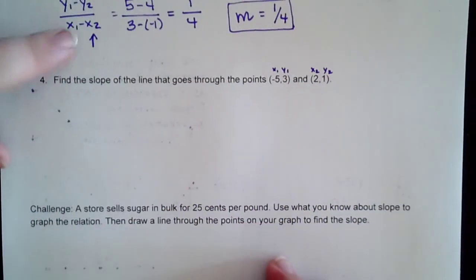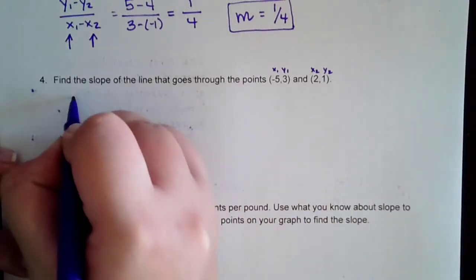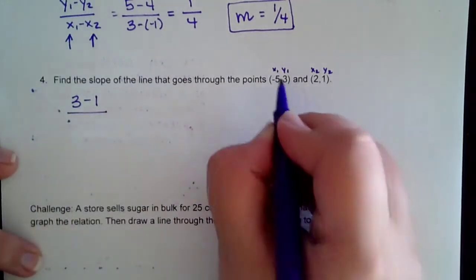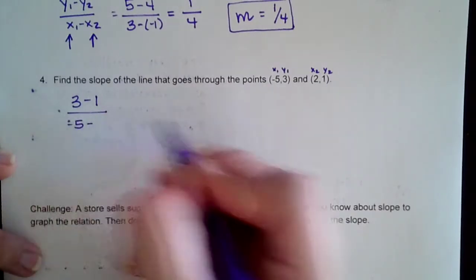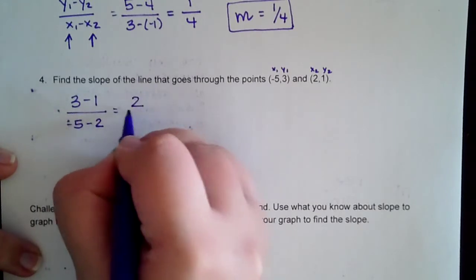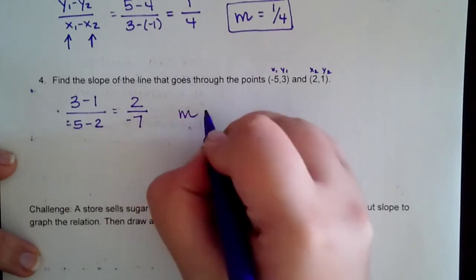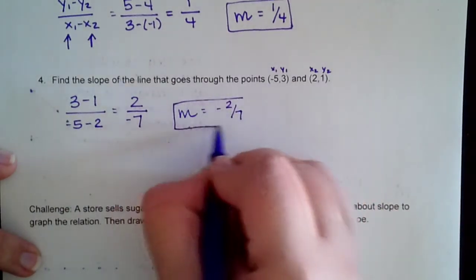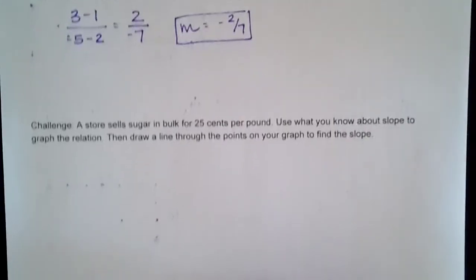I happen to use my formula from up above, so I don't rewrite it, but y1 is 3 minus y2 is 1, divided by -5 minus 2. 3 minus 1, 2 over -7. Final answer, m equals -2/7. Just like that.